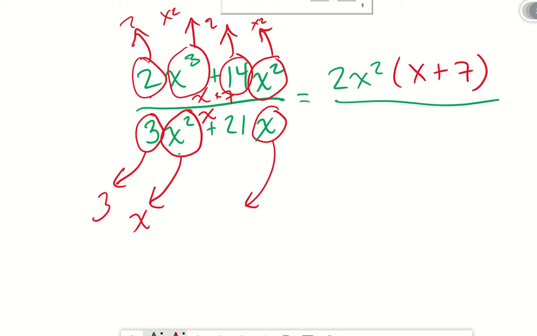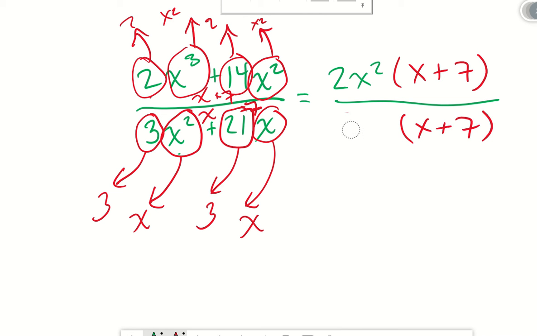I can pull the 3 out here, pull x out, and I'll pull a 3 out here, and that leaves me here with 7. And once again, I've got x plus 7. So I took out 3x, and I was left with 2x squared over 3x because these cancel.